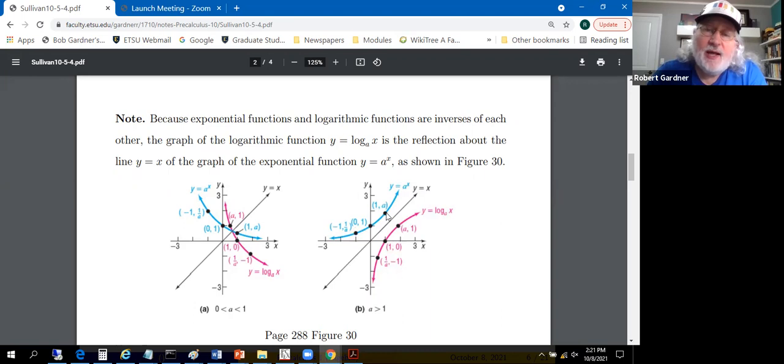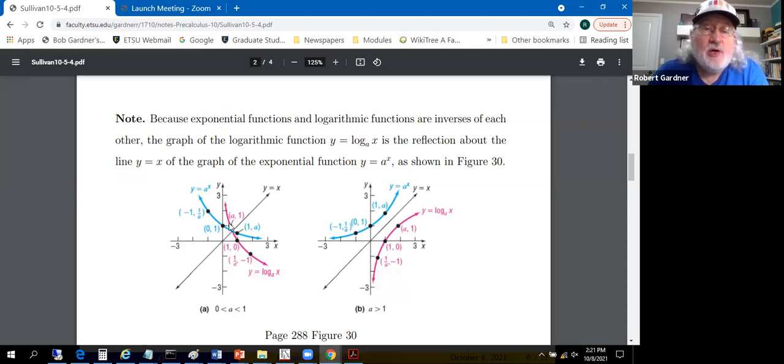The point 1 comma a is mapped to the point a comma 1. You interchange x and y coordinates. 0, 1 is mapped to 1, 0. Negative 1 comma 1 over a is mapped to 1 over a comma negative 1. You interchange x's and y's. There's 3 test values. When we had a between 0 and 1, it was this blue curve here.